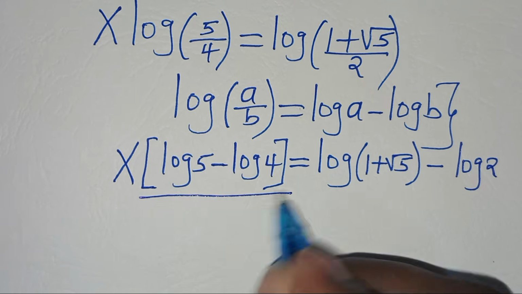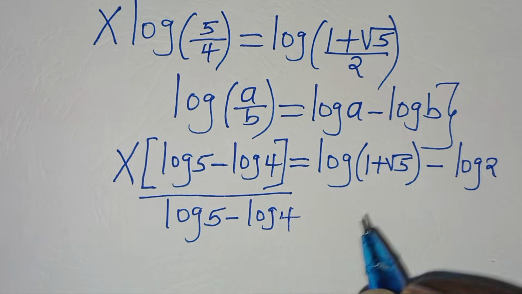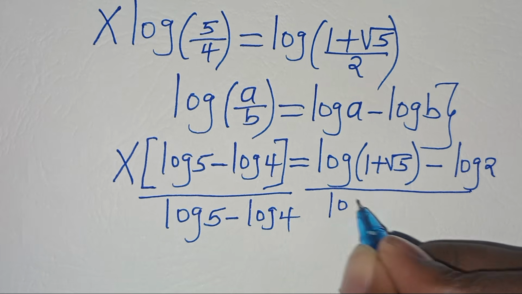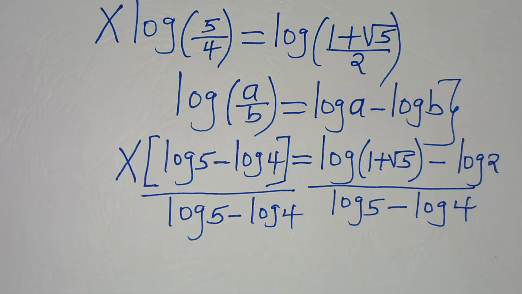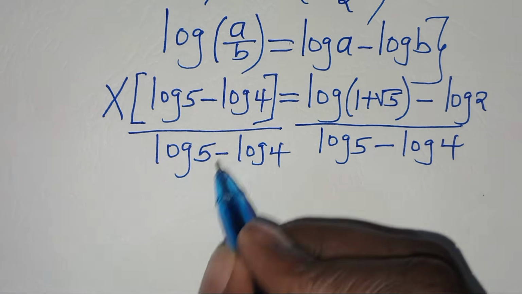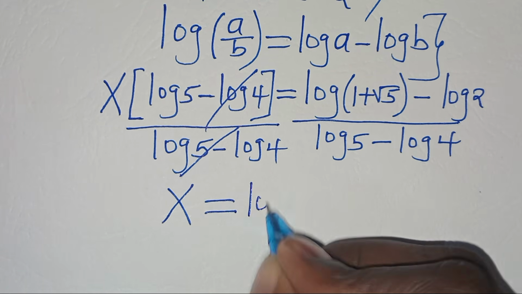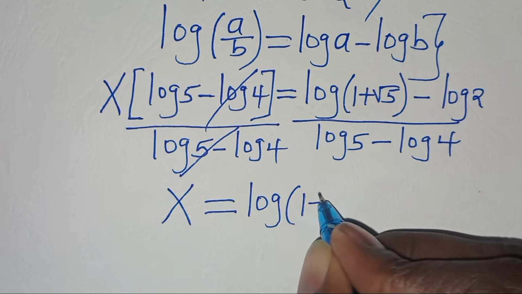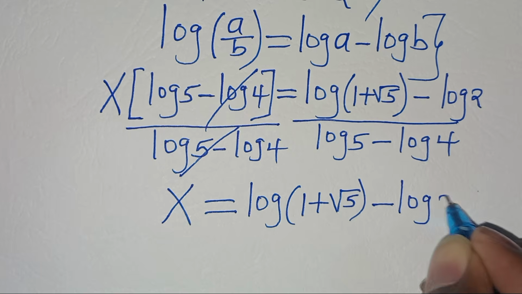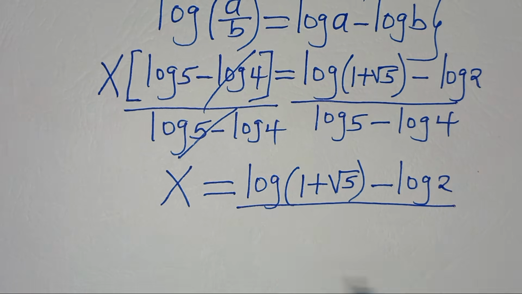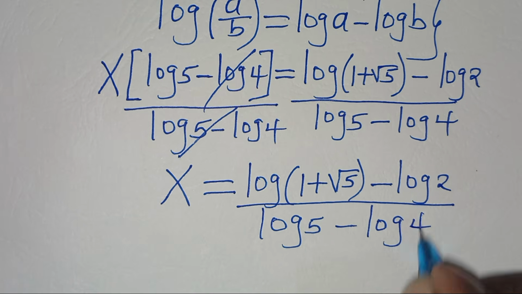So let's divide on both sides by log 5 minus log 4. Here we have log 5 subtract log 4. So let's simplify here so that x is equal to (log (1 plus root 5) minus log 2) divided by (log 5 subtract log 4).